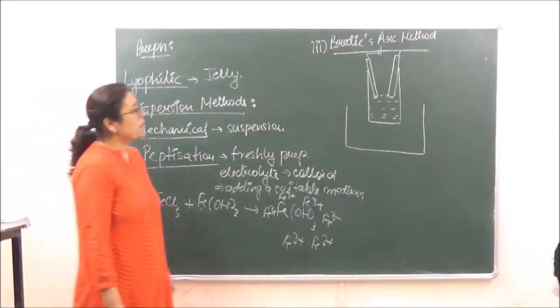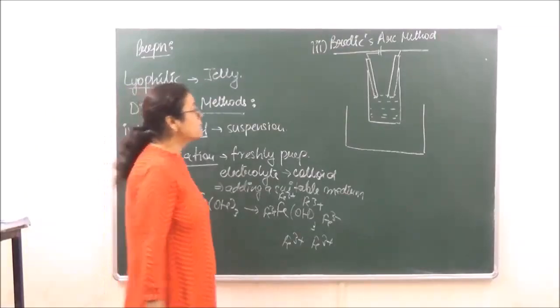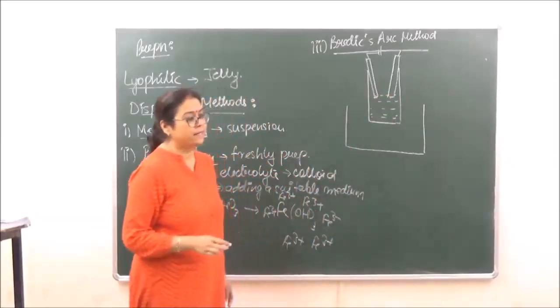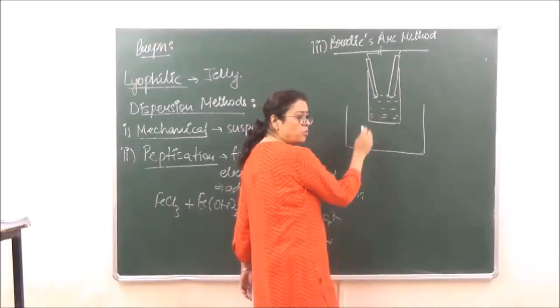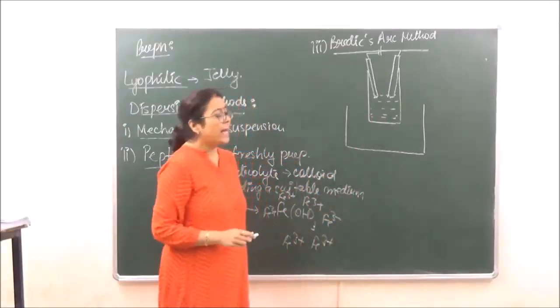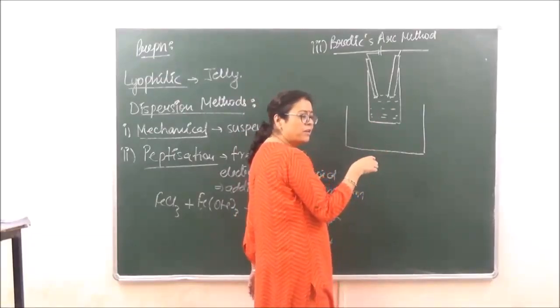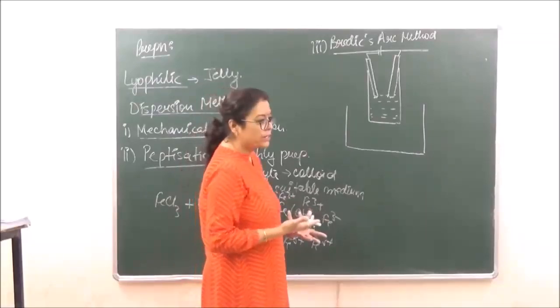Then a current is passed through these electrodes at a very high voltage, at such a high voltage that these metal electrodes start melting. Okay? When they melt, since the temperature of the water is very low, they will immediately precipitate, or they will immediately form a colloid, right?